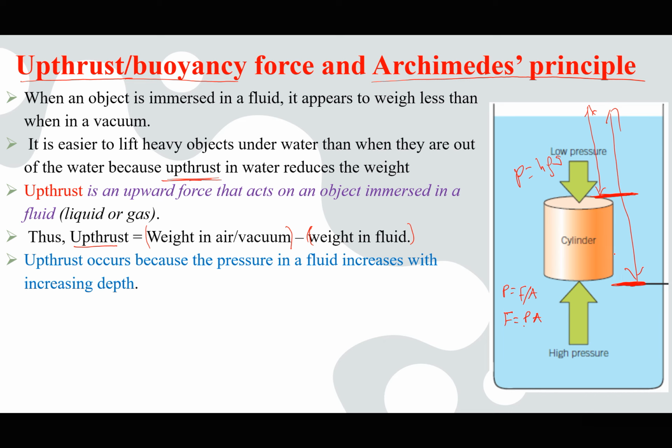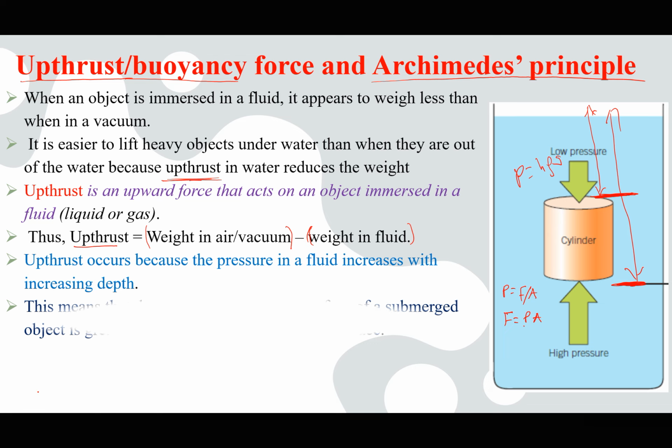This causes an upward force on the object. Because pressure increases with depth, the pressure on the bottom of the object is greater than the pressure on the top of the object. And the force is pressure times area. So the force at the bottom of the object is always greater than the force at the top of the object. The difference in this force is what we are going to call the upthrust.